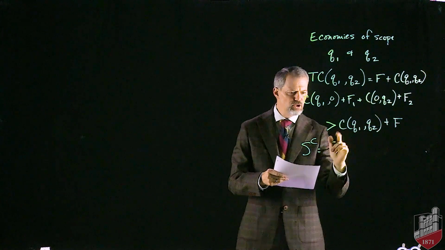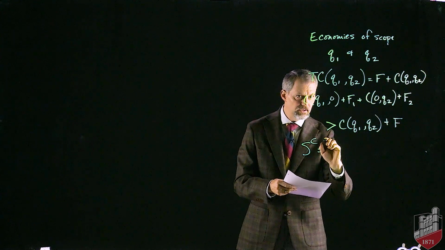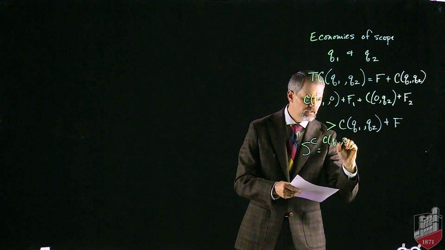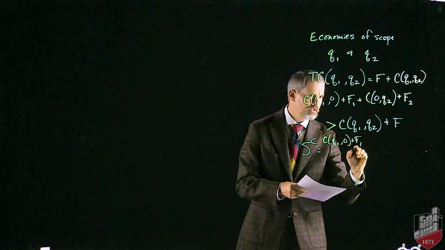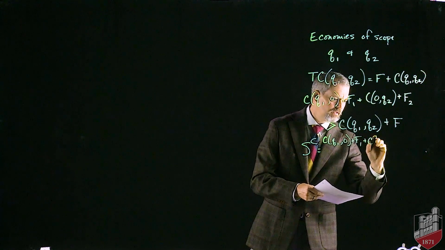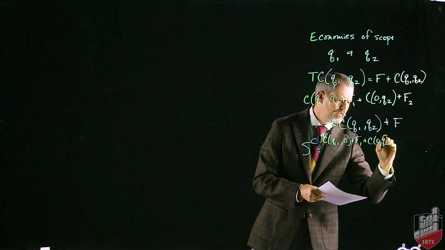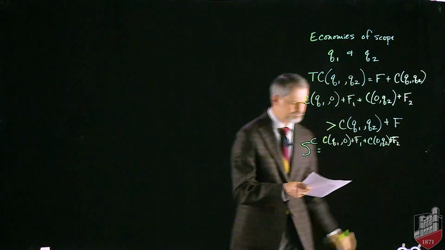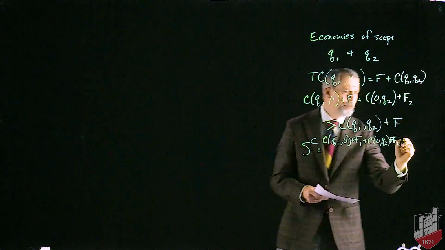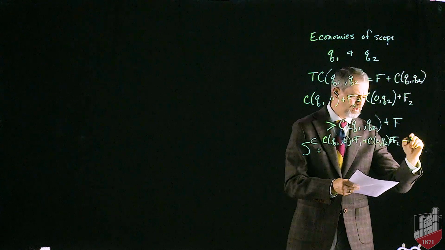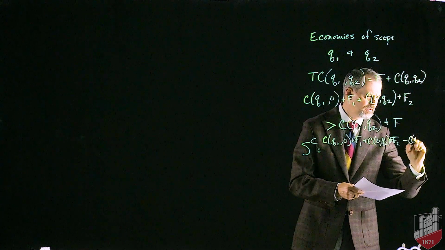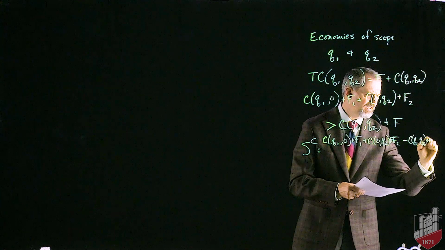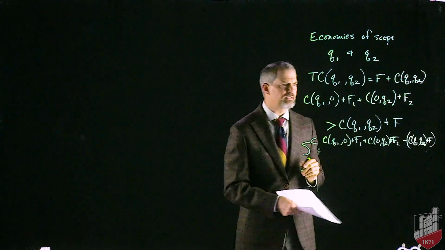That's going to be my numerator, so I'm going to write it this way. C(Q1, 0) plus F1, plus C(0, Q2) plus F2, minus the cost of producing them together, C(Q1, Q2) plus F. I'm going to put that in parentheses.